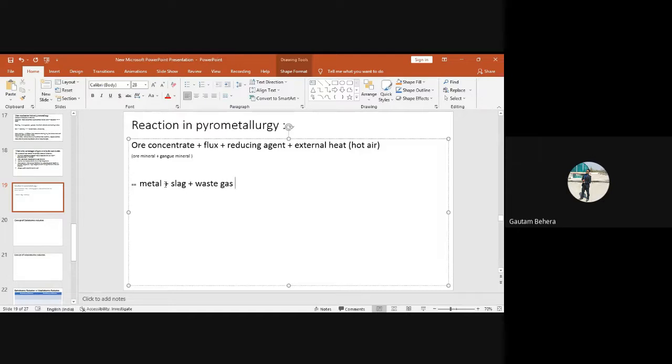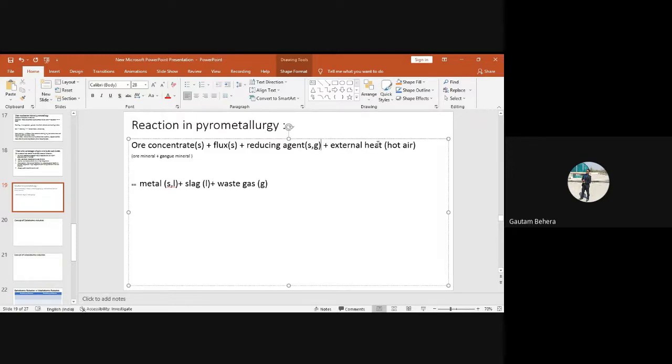Waste gas, right? This metal may be, as I told, solid or liquid. But here the problem is what? Slag will always be in liquid form, basically. Waste gases are basically gases. Here the ore concentrate will be in solid, flux will be in solid, and reducing agent basically also either in solid or gas form.